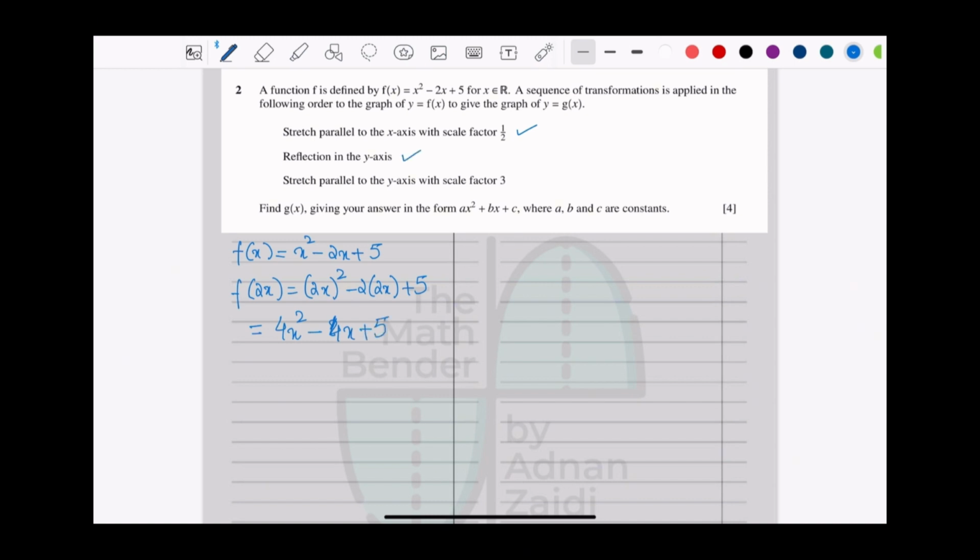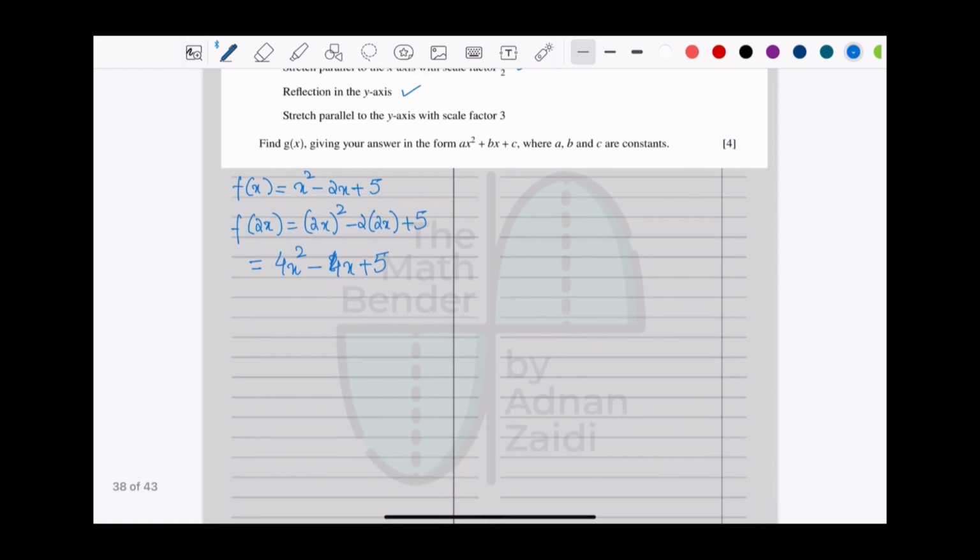Reflection in the y-axis. Reflection in the y-axis means f of minus x. So this function will be negative. Although I could write it the other way as well, f of negative 2x.